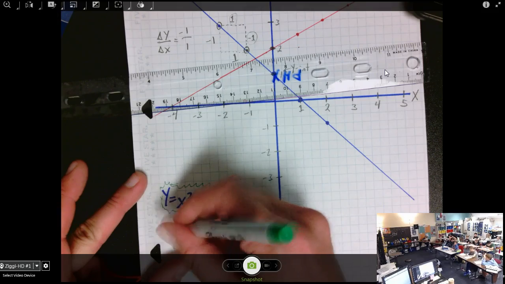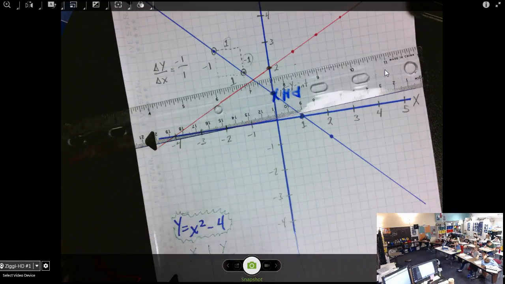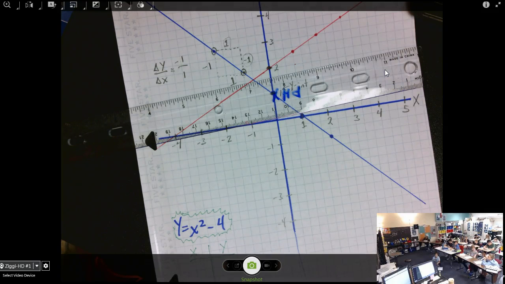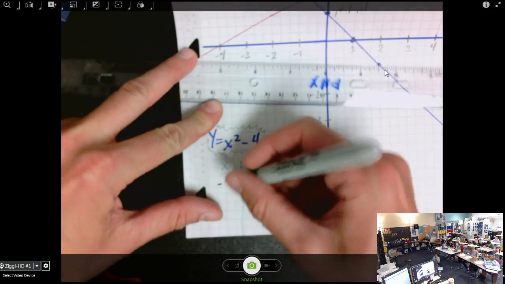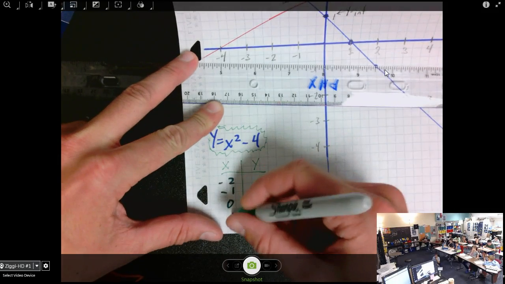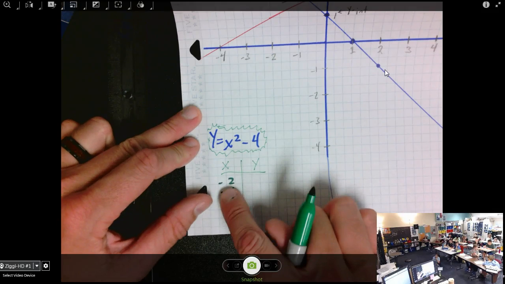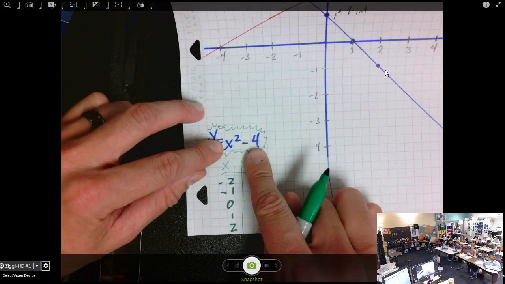If we make an XY table, couple negative, couple positive, I'm going to go -2, -1, 0. That's a huge U. What's -2 squared? 4. 4 minus 4, 0.